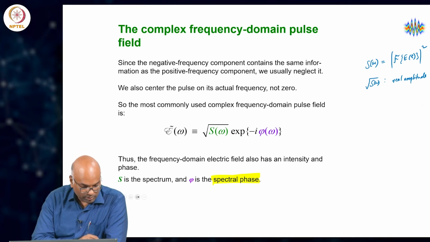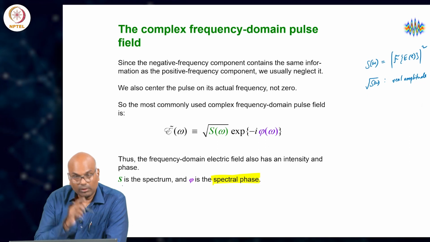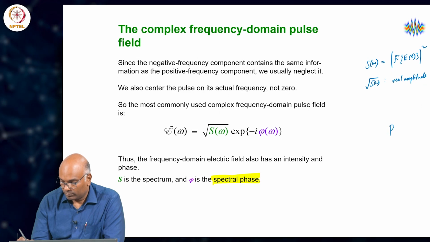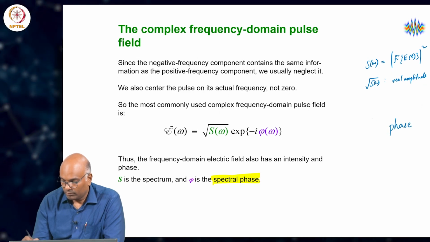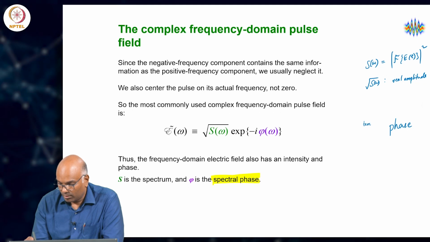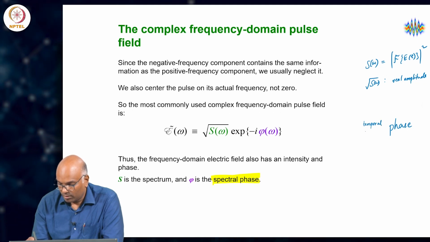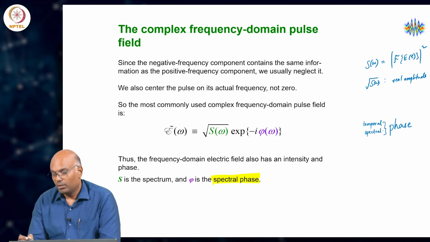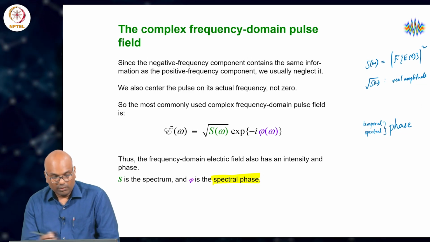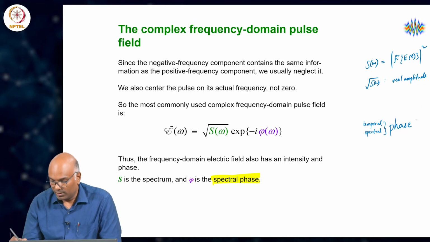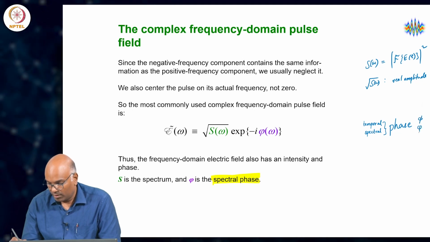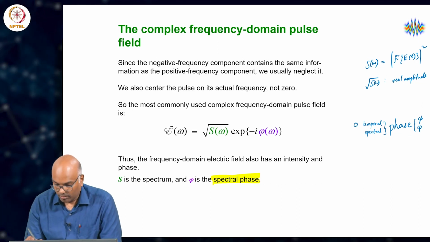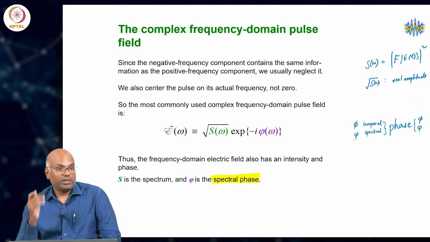So therefore now, here and hereafter in this course, rather than say phase, we should care to say temporal or spectral. We have tried to use two different symbols for this, such as phi and phi, as though these two phi's are very different.